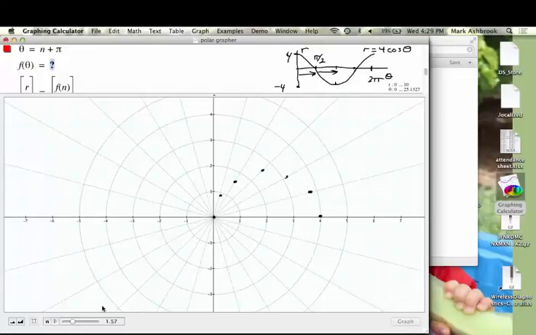-4. So we've got to think about the red. In the second quadrant, since r is going to be negative, we're going to be on the red line, right? We're actually going to be in the fourth quadrant, and it's going to go from 0 to -4.